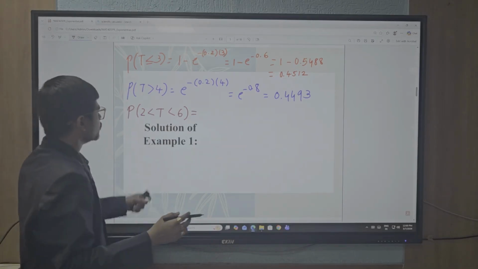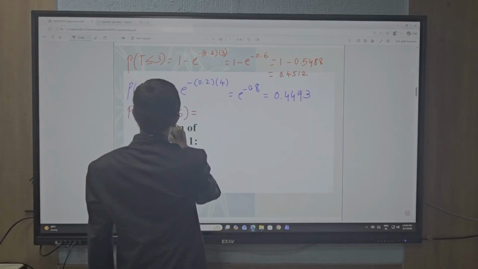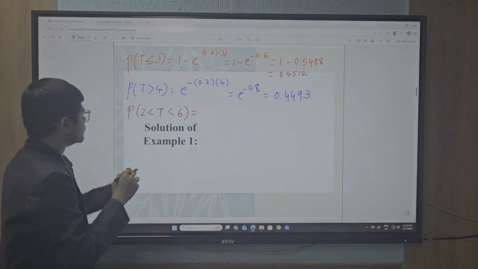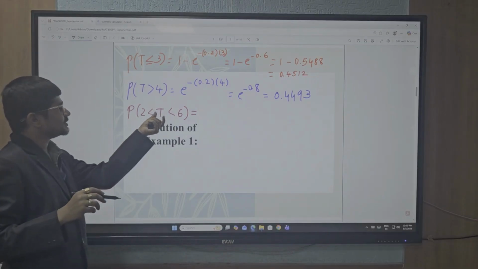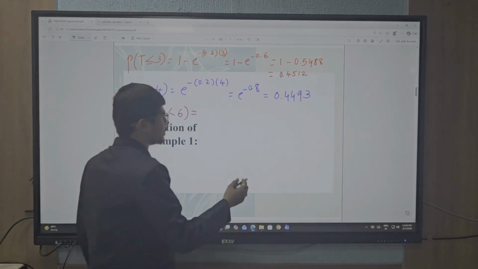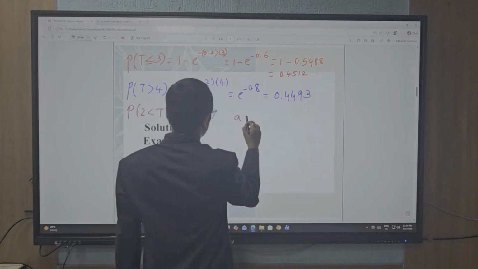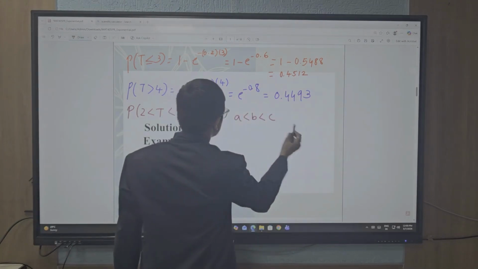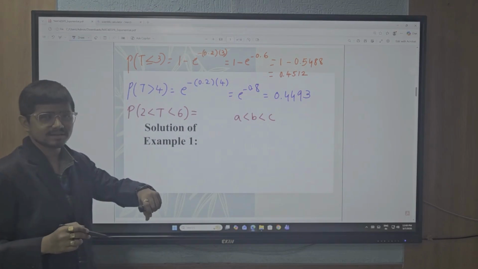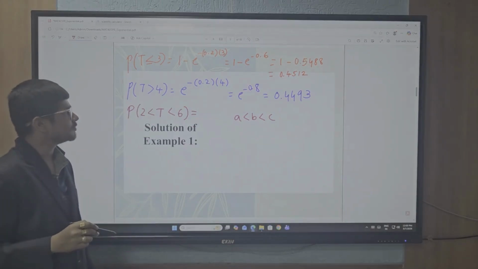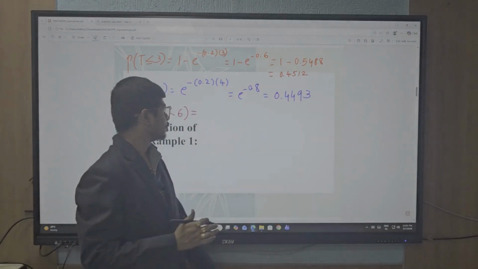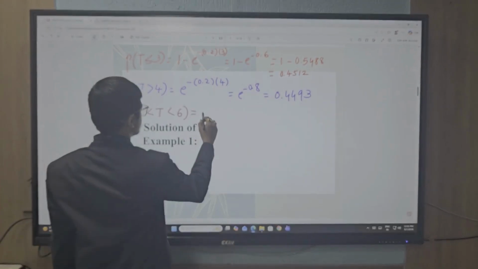For example, A is less than B and B is less than C.